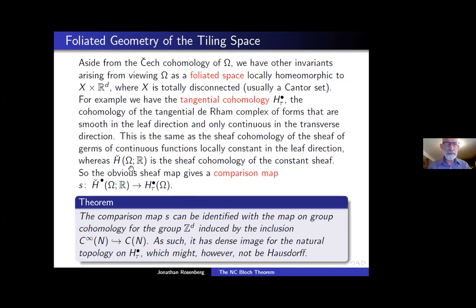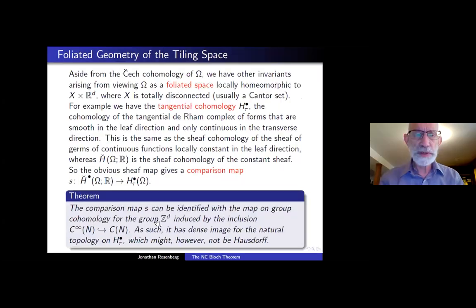So this comparison map between the two cohomology theories can be identified with a map on group cohomology for the group Z to the d acting on C infinity of N and C of N respectively.